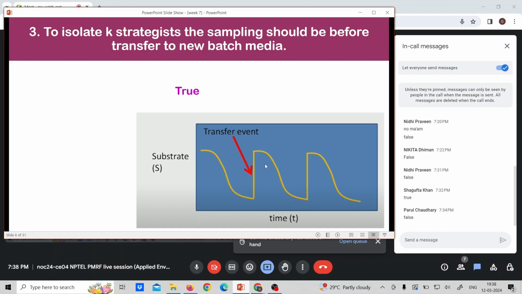For R strategist study, you have to sample right after this transfer event, and for K strategists you have to sample right before the transfer event. Is that clear? This is basically to understand the microbial dynamics or the community dynamics.